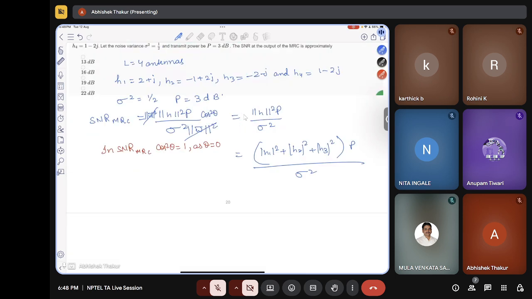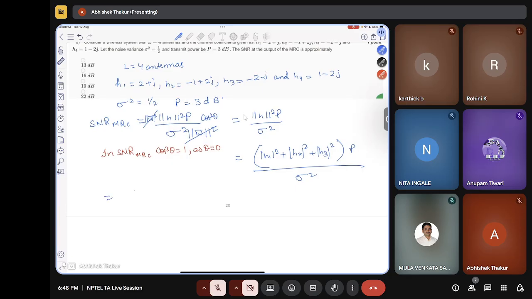So we can write this from the given values as 2 squared plus 1 squared, plus minus 1 squared plus 2 squared, plus minus 2 squared plus minus 1 squared, plus 1 squared plus minus 2 squared.